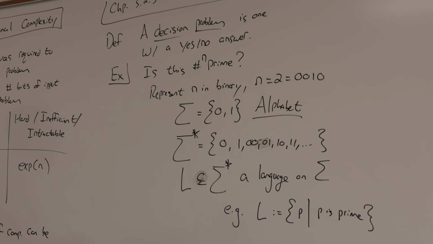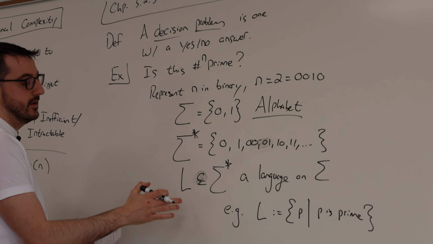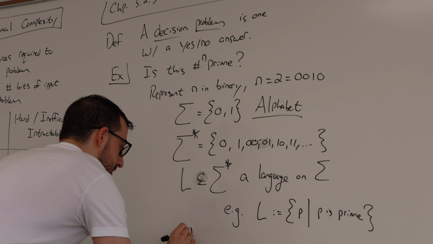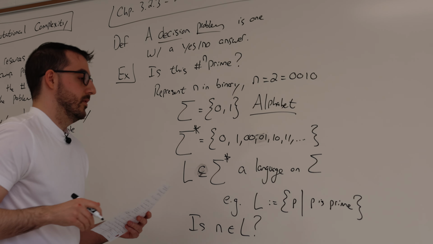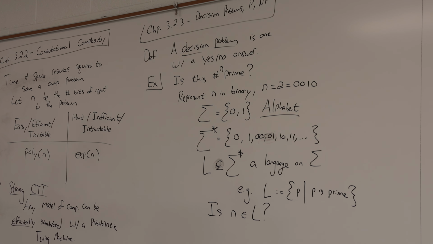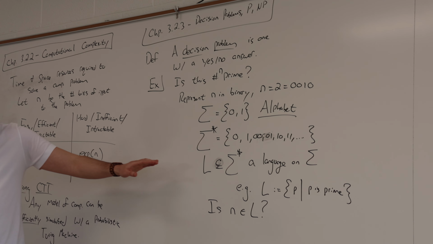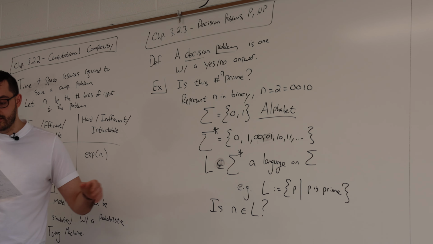Okay. And formally, the way we do a decision problem is then we ask if this input n is in this language. So is n in L would be the way that you formally define a decision problem. This is what we're going to use to state our complexity classes.